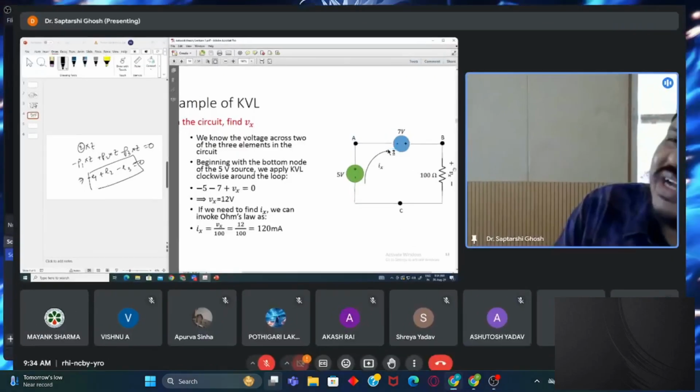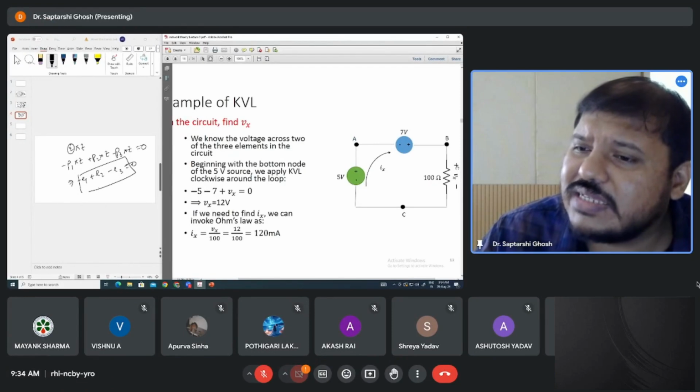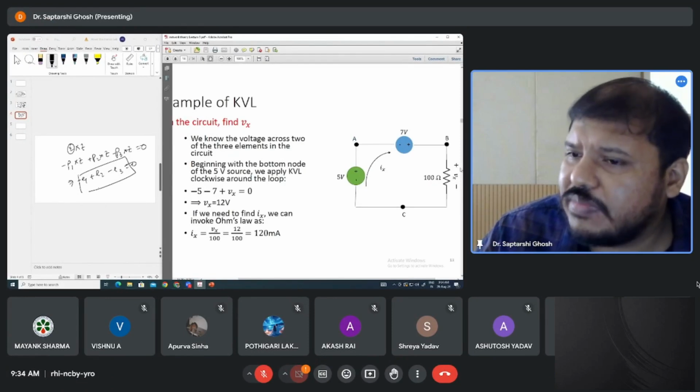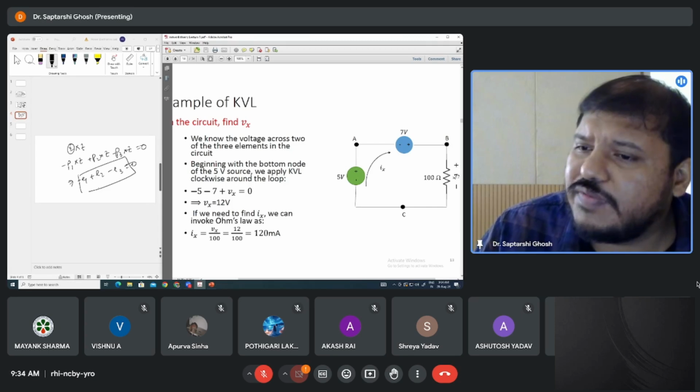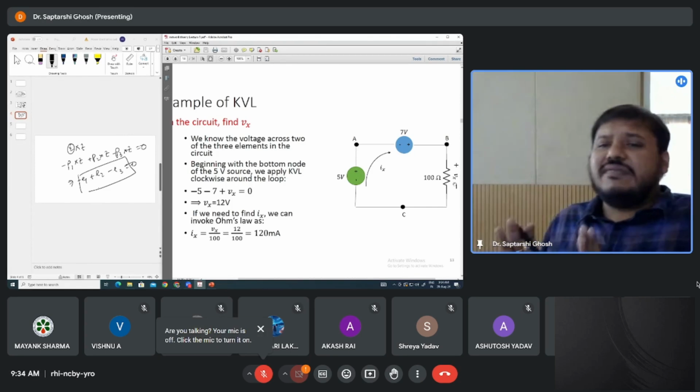Whether this sign is correct or not, it is just given that if you want to find Vx, then this should be the sign. Based on this, we have to find the Vx value.